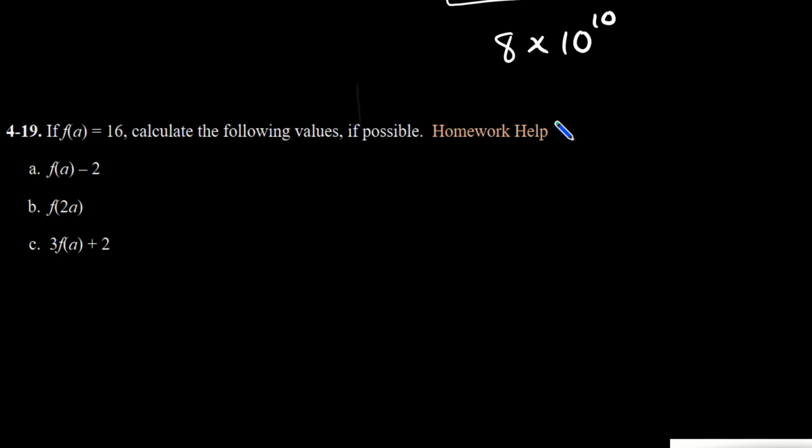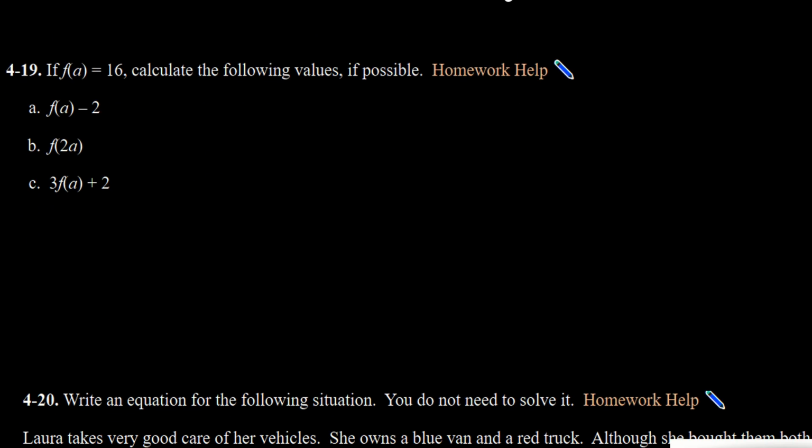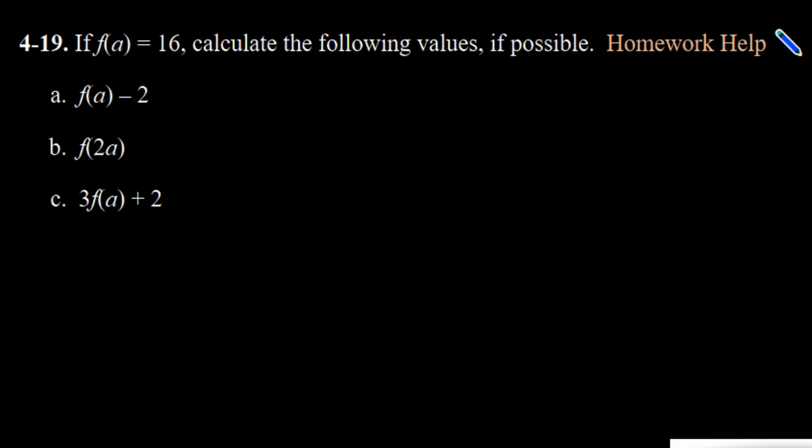All right, let's move on to question 19. 19 says, calculate the following values if possible. Oh, okay. So this is telling me that the output of the function is the number 16 when the input is a.